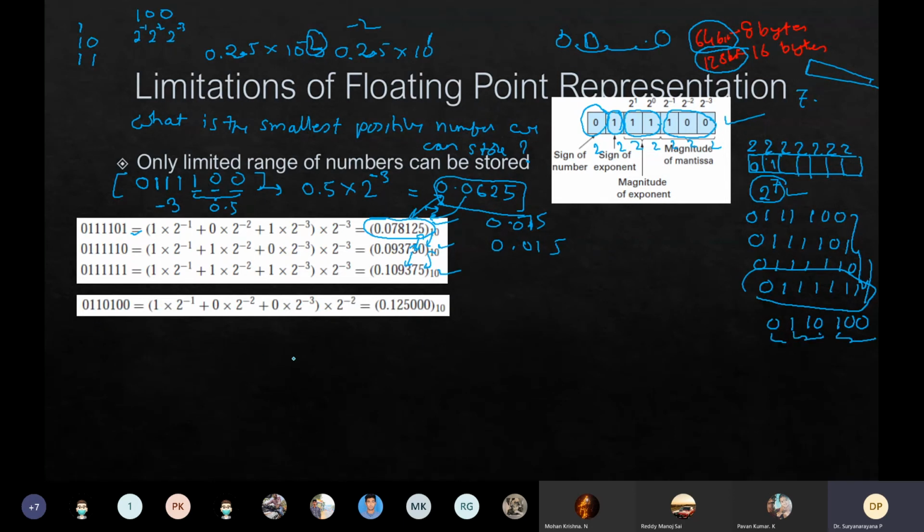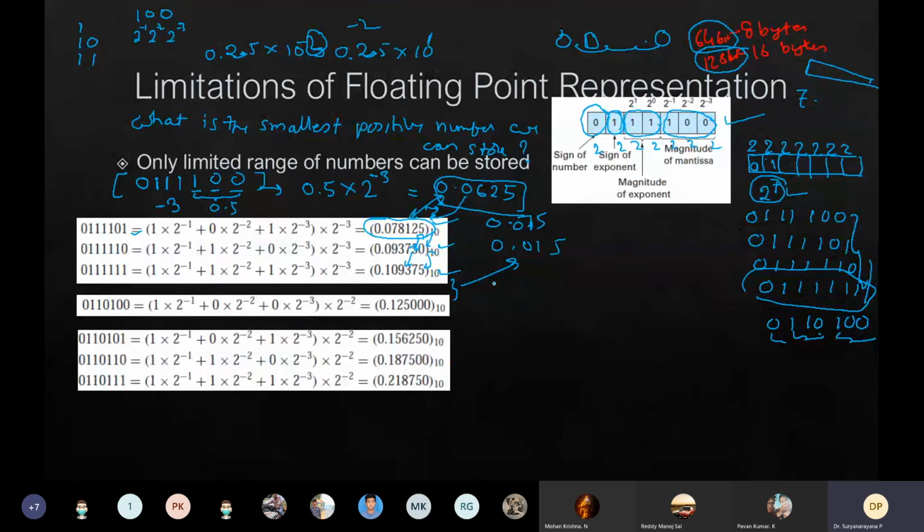Now that number is again this one, 0.125, which is 2 times that. And between these two also we have the same gap. So any number in those gaps cannot be stored in this computer if you have only 7 bits for storing the floating point number.